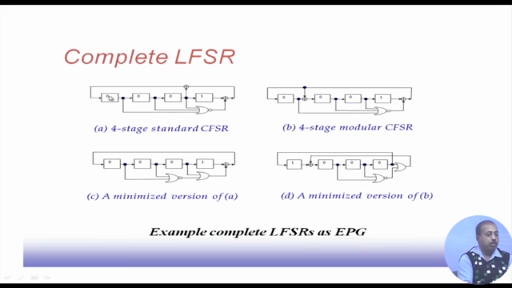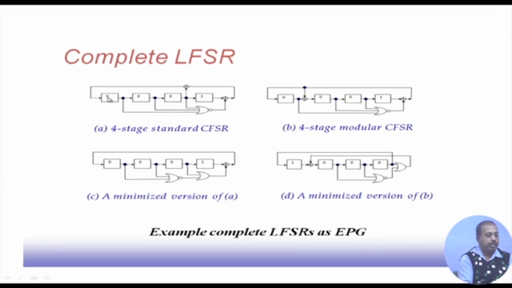What is done when the cell contents are 0 0 0 1? We use a NOR gate here. This NOR gate getting all the inputs as 0 will make the output 1, and this 1 and 1 make the XOR gate output 0. As a result this cell will get a 0, and in the next cycle this 0 will shift here. So, the content of the cells will become all 0.